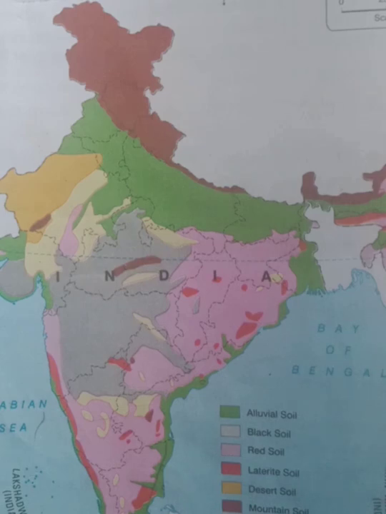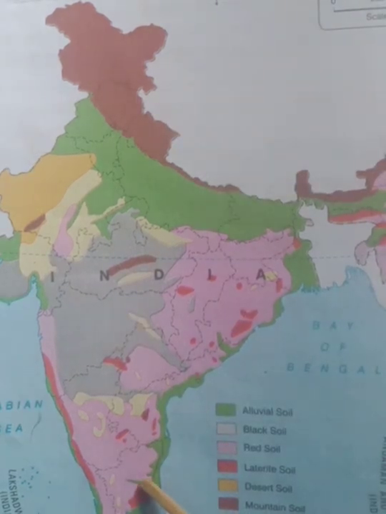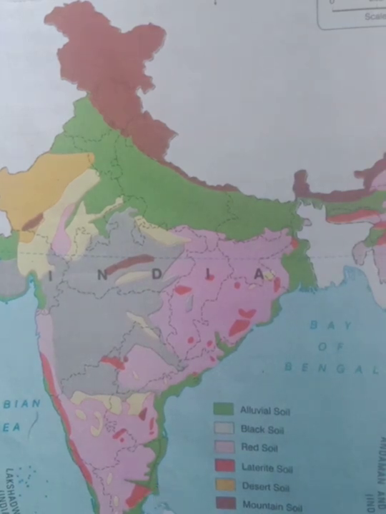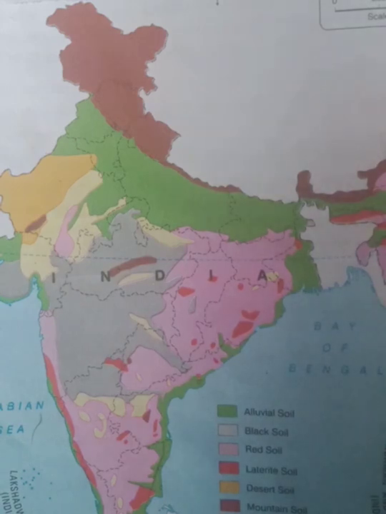It is very rich in iron and aluminium. This laterite soil is good to grow tea, coffee, spices, coconut and rubber.